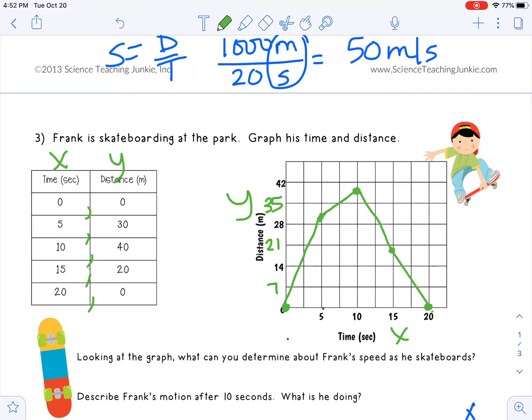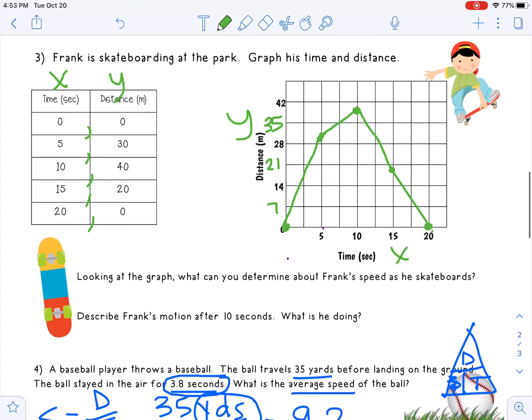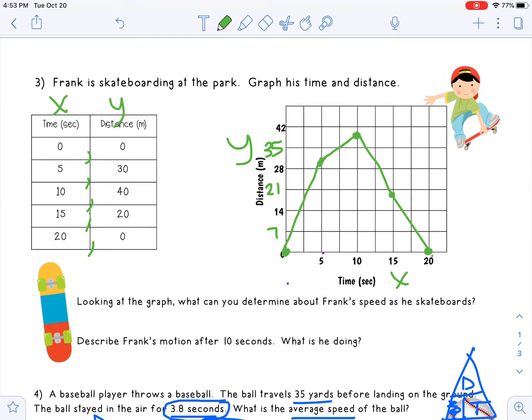Okay, alrighty. So looking at the graph, what can you determine about Frank's speed as he skateboards? Well, this right here, he is going at a constant speed because it's a nice straight line. Here we're slowing down. And here we are running at a constant speed once again, because it's a nice straight line, but he's returning back to the origin, back home, wherever that is.